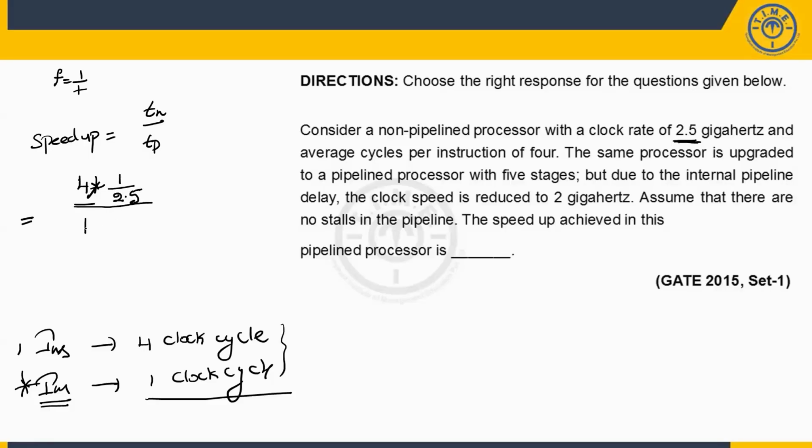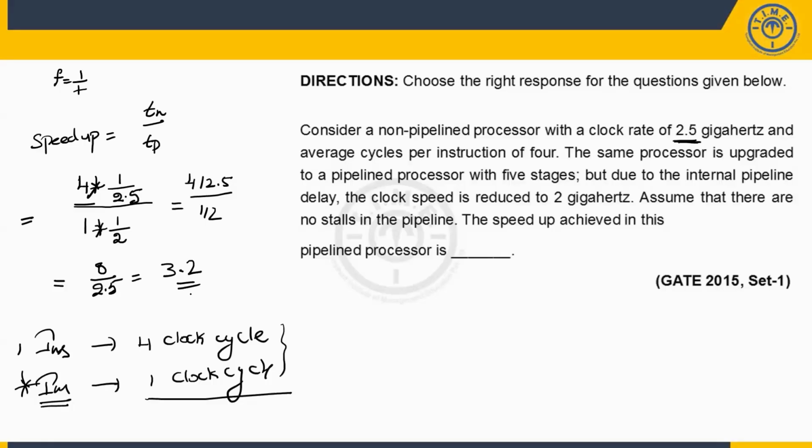Divided by 1 into, in a pipeline system, frequency is 2 gigahertz, that means 1 into 1 by 2. So that is equal to 4 by 2.5 divided by 1 by 2, which is equal to 8 by 2.5, that is equal to 3.2.